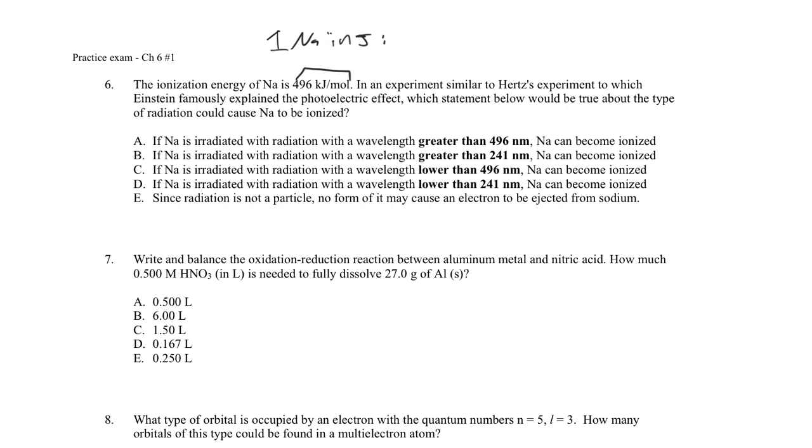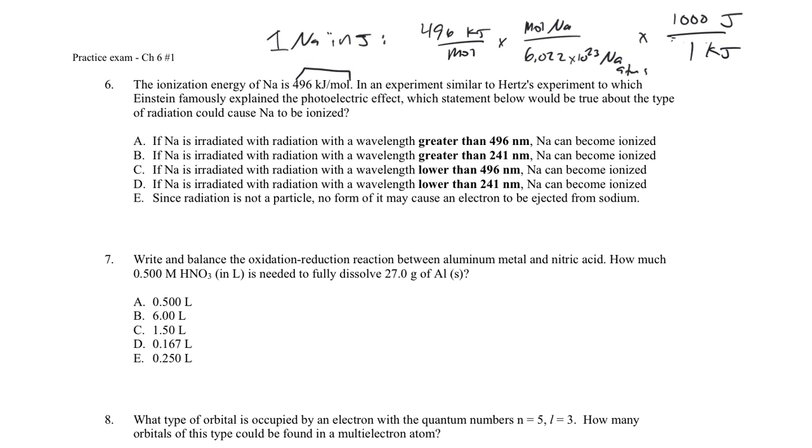So let's convert the 496 kJ per mole and say, well, what's that ionization for a single atom? So that would just be the 496 kJ per mole. Now the ionization per atom would account for 1 mole of sodium being an Avogadro's number of sodium atoms. And then 1 kilojoule is, of course, 1,000 joules.